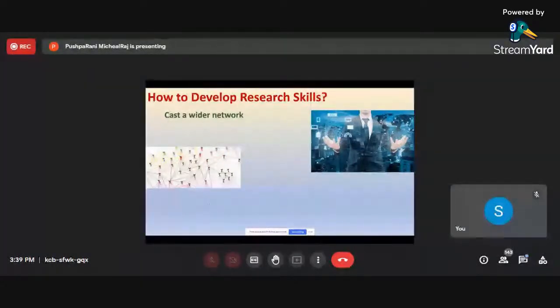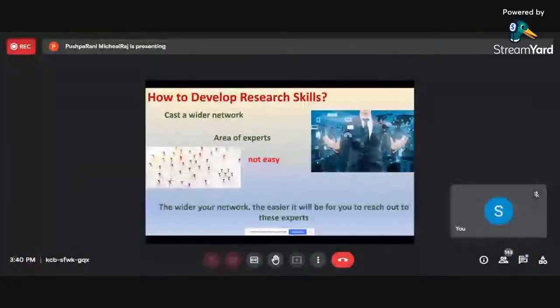It is not always easy to find an area expert. So it is very critical for any researcher. So you need to create a wider network in order to develop your research skill. These all help you to improve your research skill.